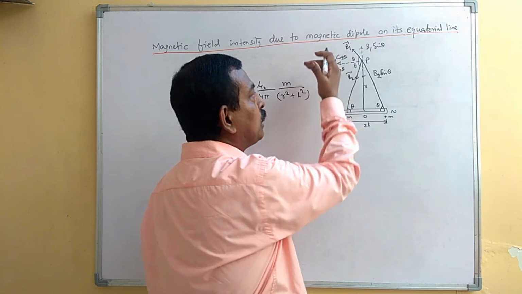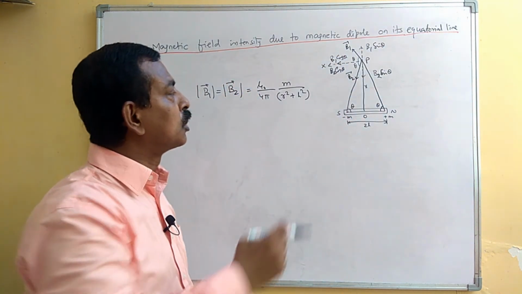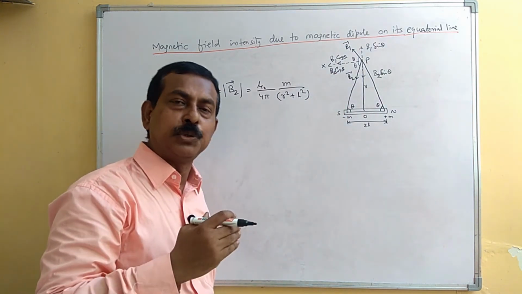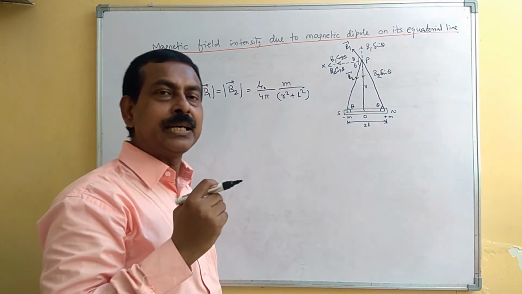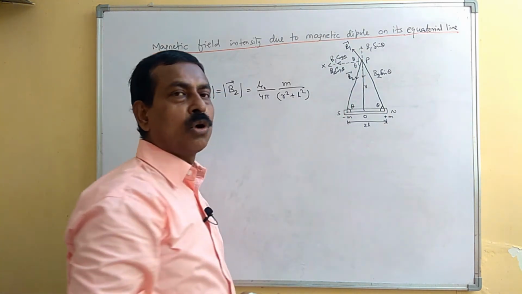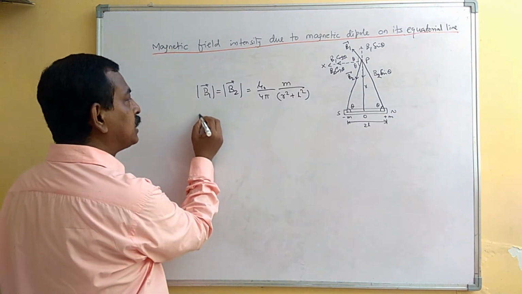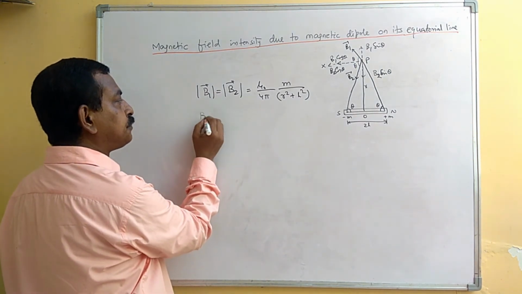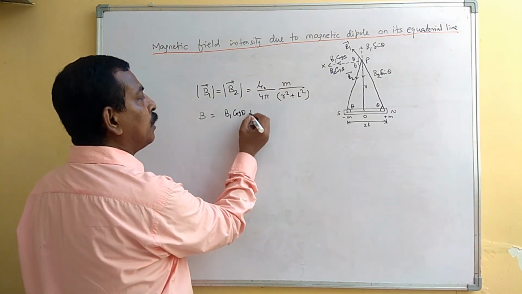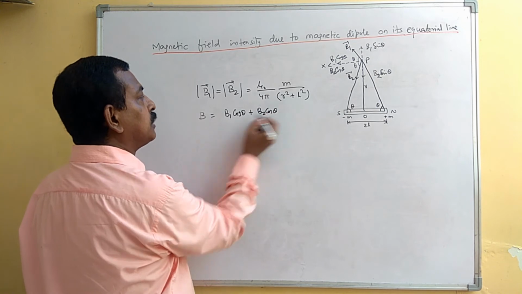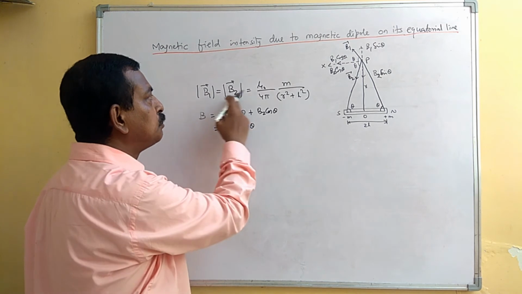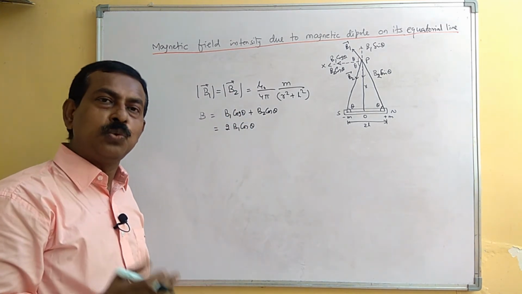Whereas in the perpendicular direction to the equatorial line, the components B1 cos theta and B2 cos theta will add up together. So the net magnetic field B will be B1 cos theta plus B2 cos theta, which is 2 times B1 cos theta, because B1 and B2 are the same in magnitude.